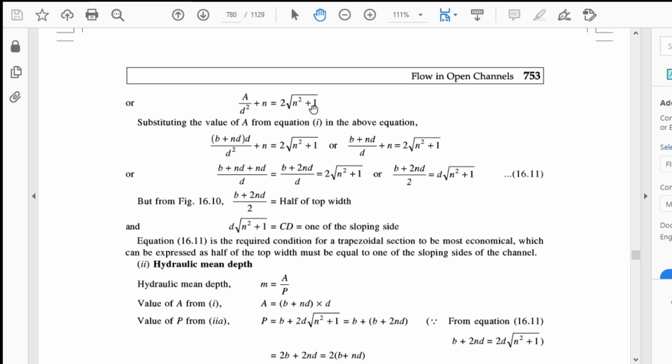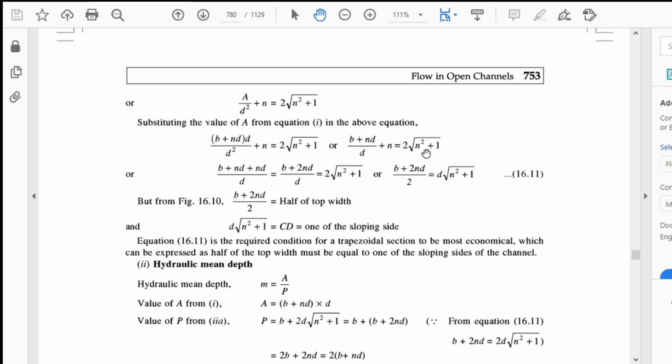Here the area of flow A we have already found. So put that A value here as BD plus ND square, or D in bracket B plus ND, divided by D square, plus n equals 2 square root of n square plus 1. Here D will get cancelled and you get B plus ND divided by D, plus n, equals 2 times square root of n square plus 1.